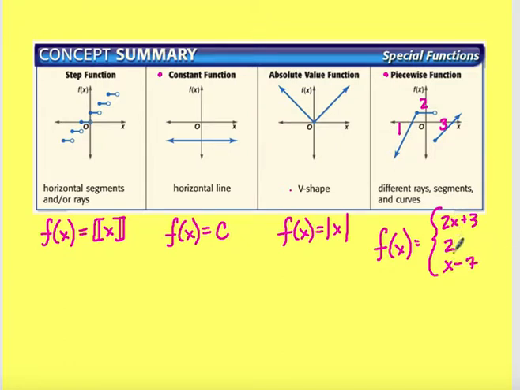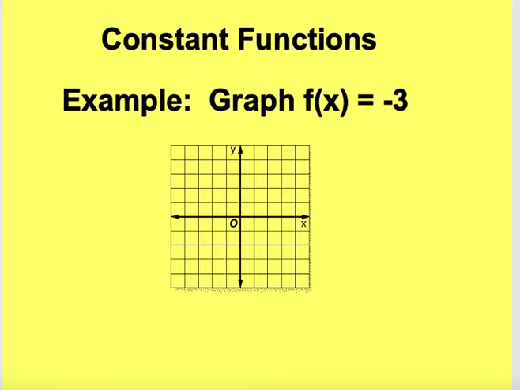It gives you 3 different pieces. I'm just guessing what those are off the top of my head. Those aren't the actual pieces, but this is what a generic piecewise function looks like. We're going to go through a couple examples, and then I'm going to refer you to the worksheet that I uploaded for you, and we're going to work some of those out together.